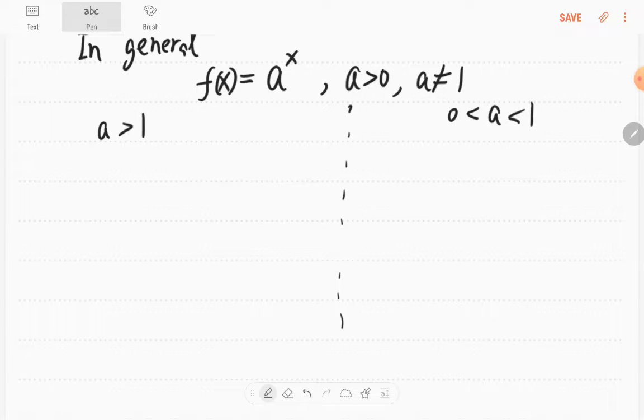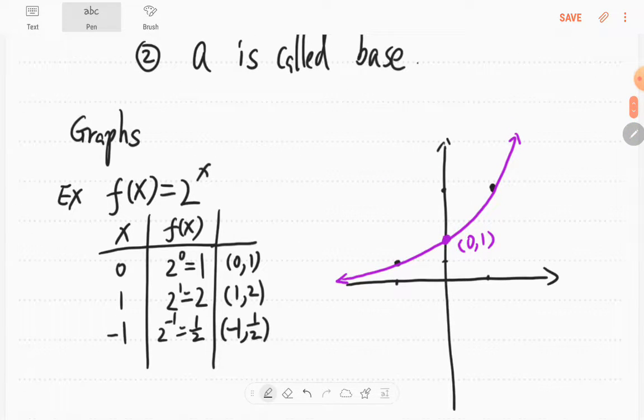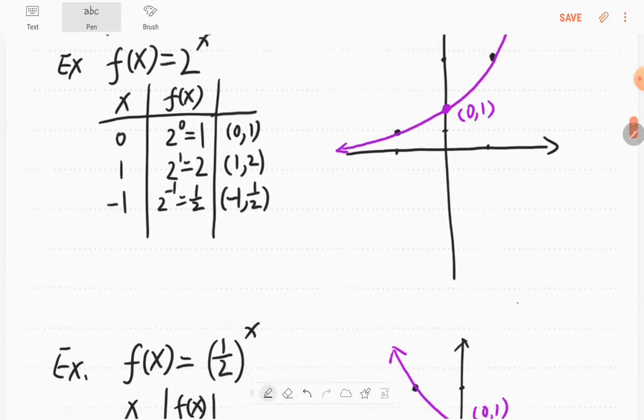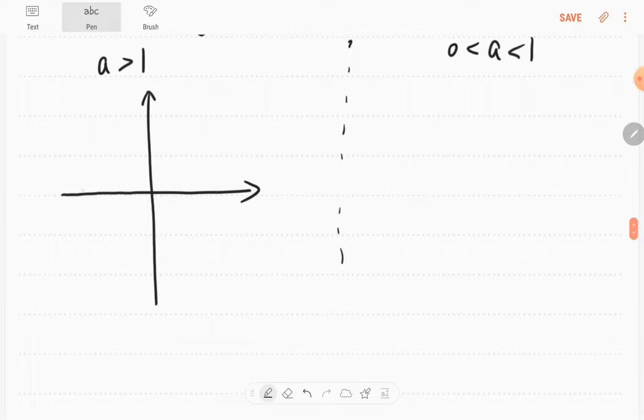For a greater than 1, in our example 2 is greater than 1, so the graph should look like this. It is an increasing function, and it must go through the point (0, 1).